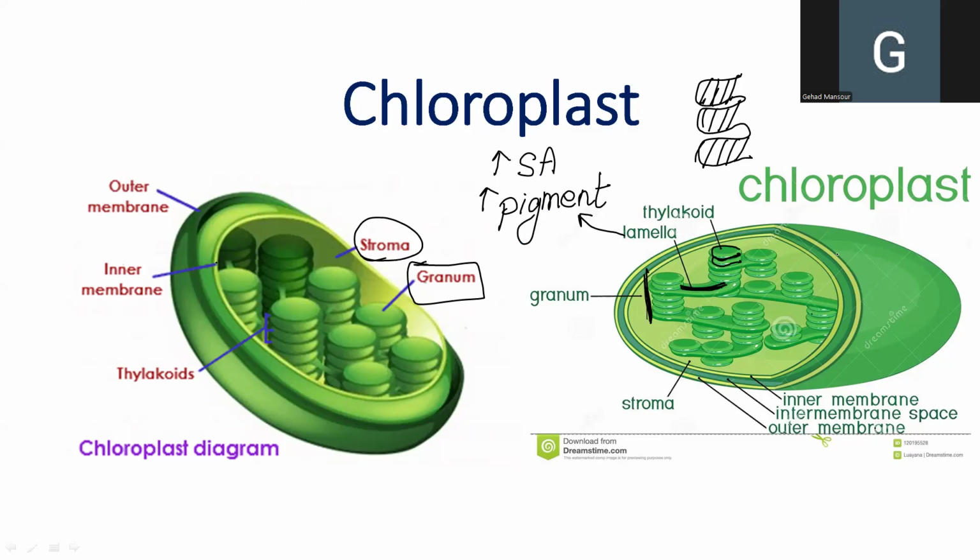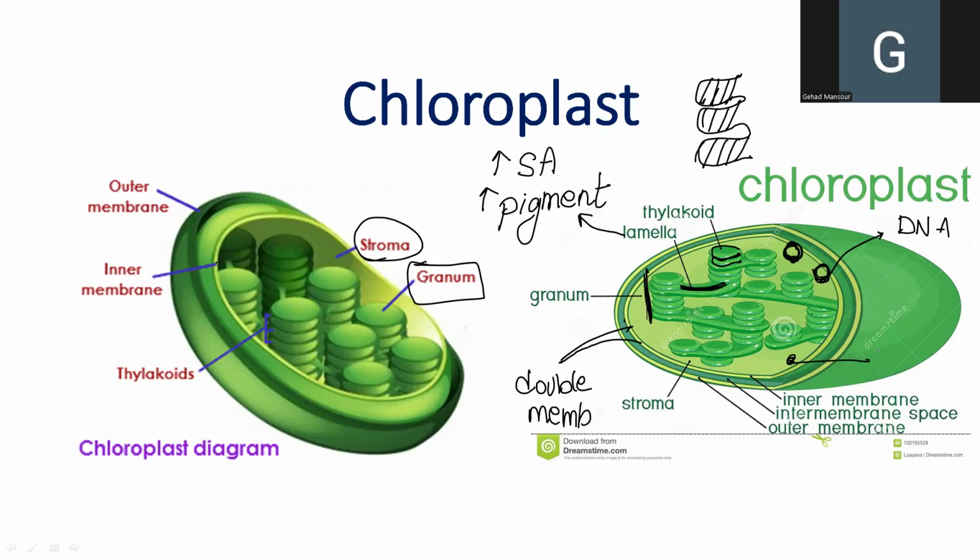So again, just like we said in the mitochondria, we have criteria to emphasize the endosymbiotic theory. So we have the double membrane, and then we have their own DNA that is small, circular, like the prokaryotic DNA.